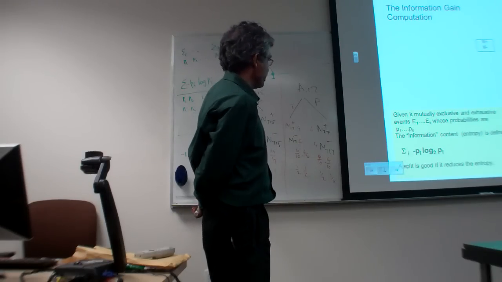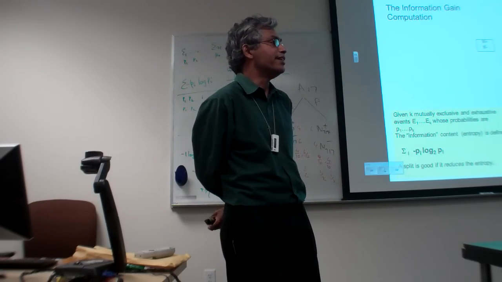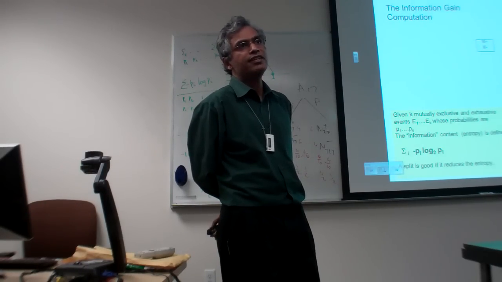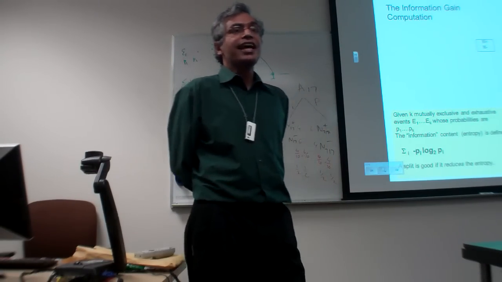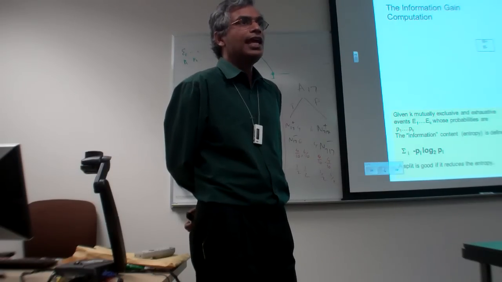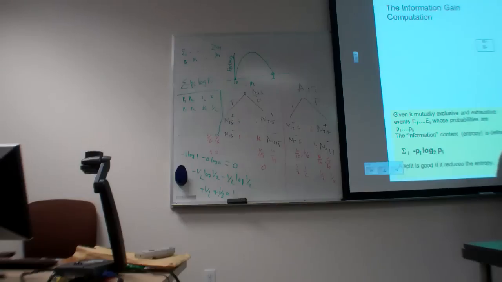But this expression is general enough that I can do it for any particular set of events. It doesn't have to be a boolean event system. It doesn't have to be a binary event system. Okay? So this is what I'm going to use to decide which feature to split on. I want to split on the feature that leaves the entropy of the system at the lowest possible level.